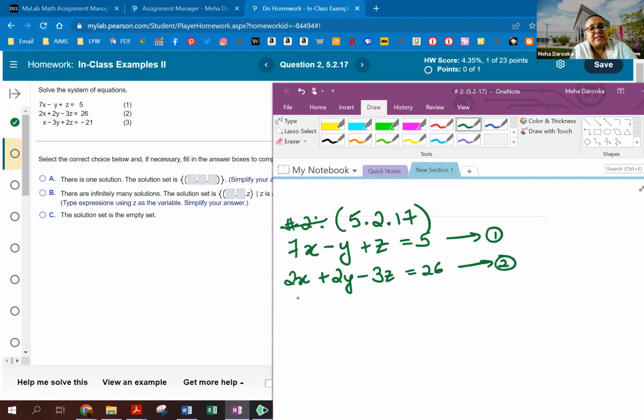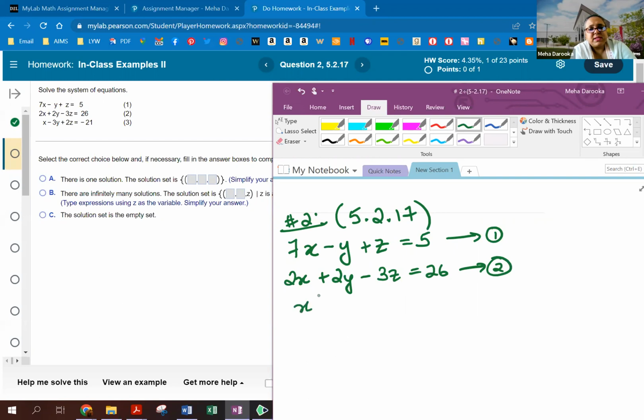And then for the last one, we have x. Oh, why is it doing this? Okay, not sure why it's trying to overwrite itself. Okay, 2x plus 2y minus 3z is 26.